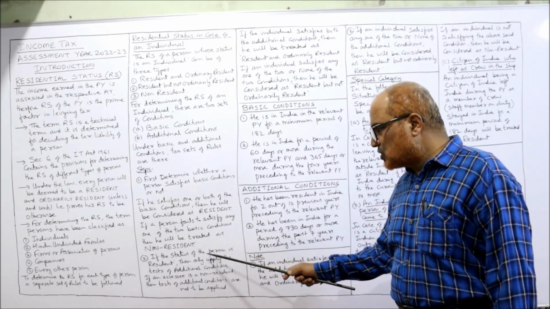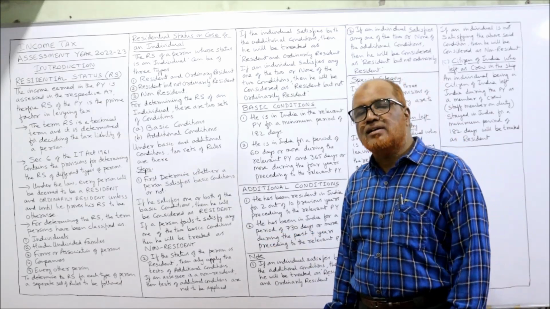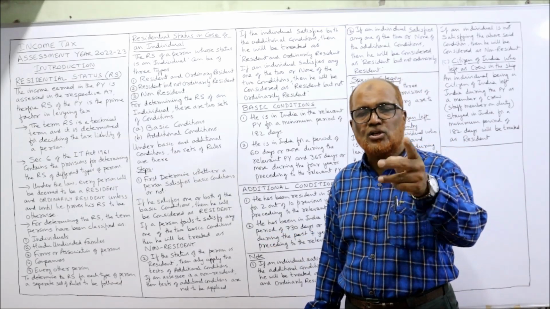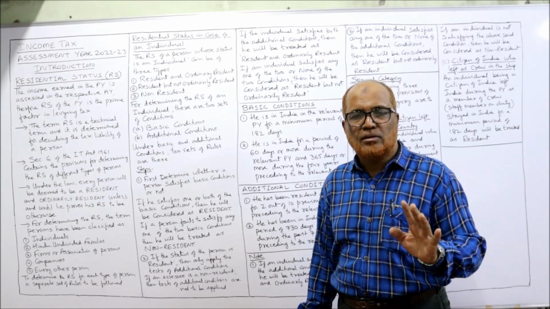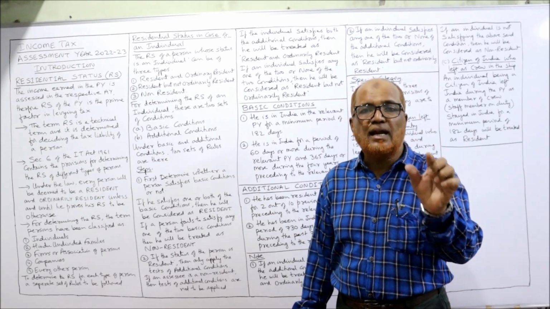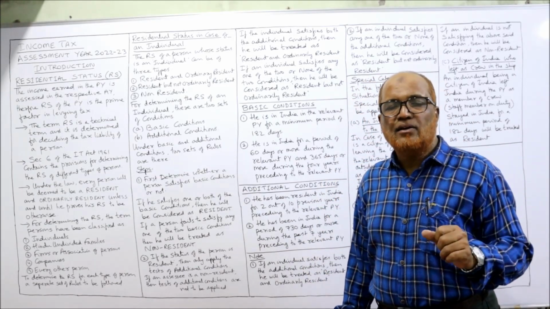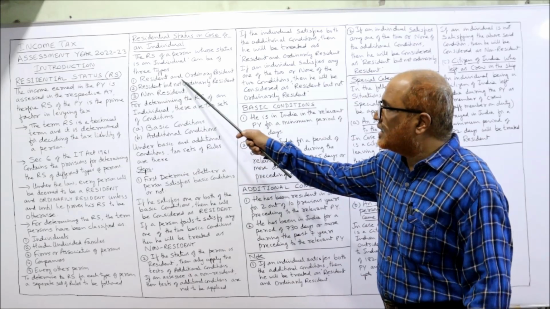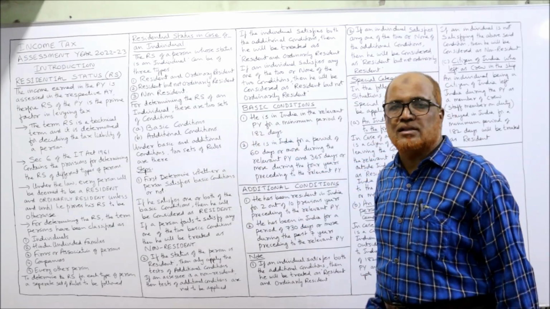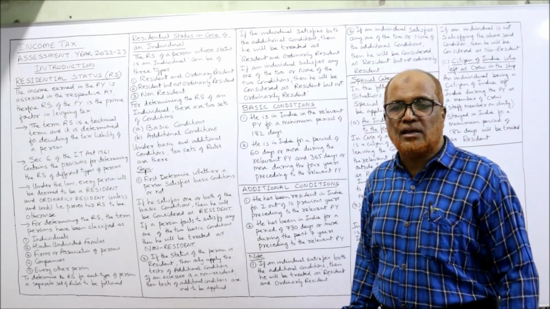Second, if the status of the person is resident, that means the person has satisfied the first basic condition or both the basic conditions, then we can say the person is a resident person. After finding out that he is a resident, we have to check whether he is ordinarily resident or not ordinarily resident. For that purpose, additional conditions are given.